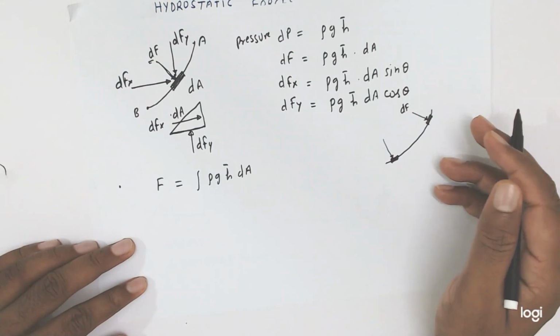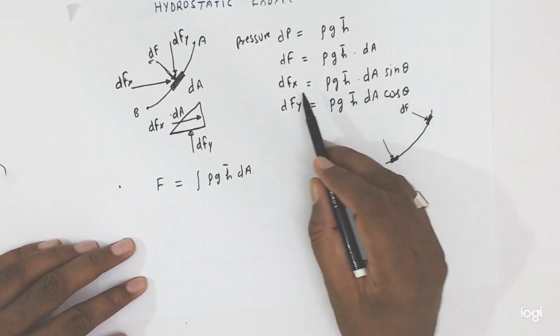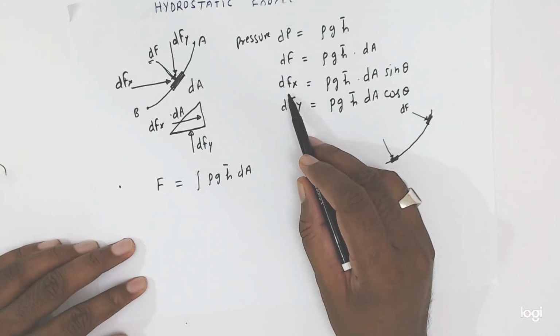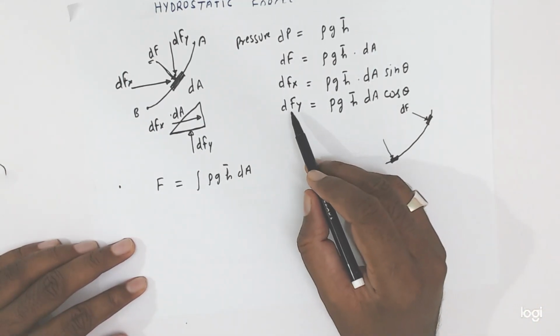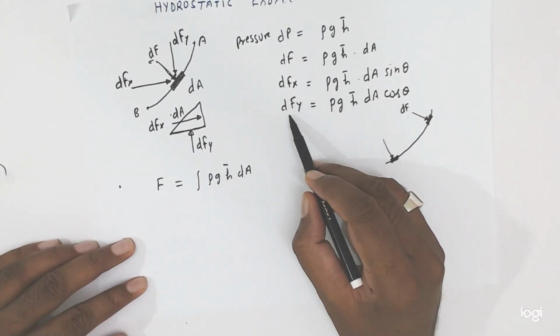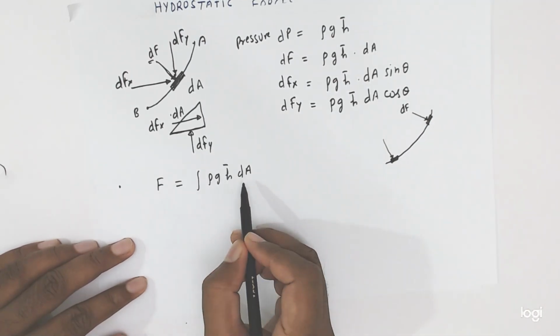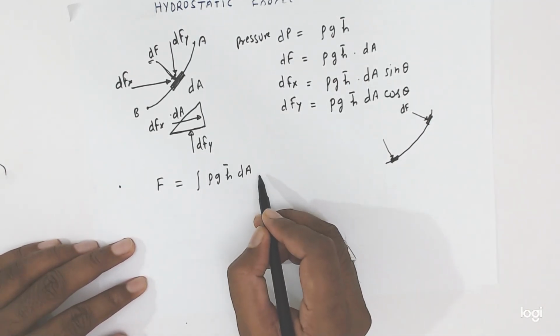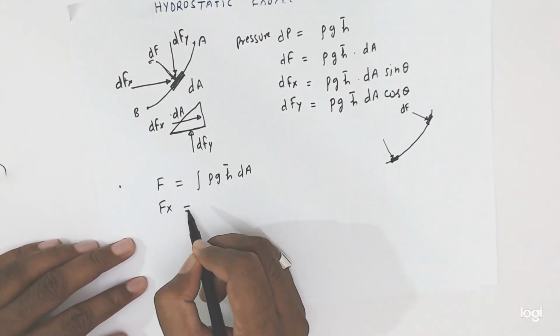Then what will we do, friends? We will divide this force into horizontal and vertical components. That's why I divided this force into dFx and dFy. Then we will find the total horizontal force and total vertical force. So this is the total force on the curved surface. What is the total horizontal force?